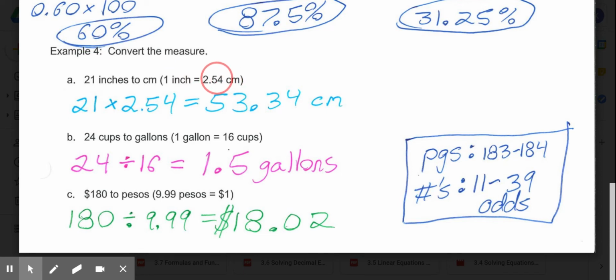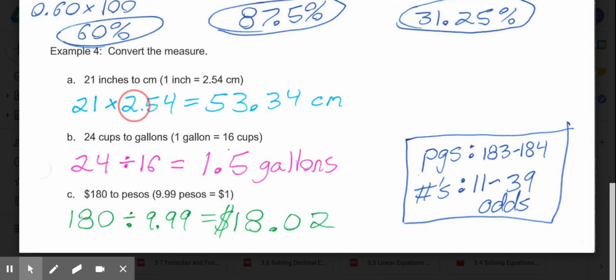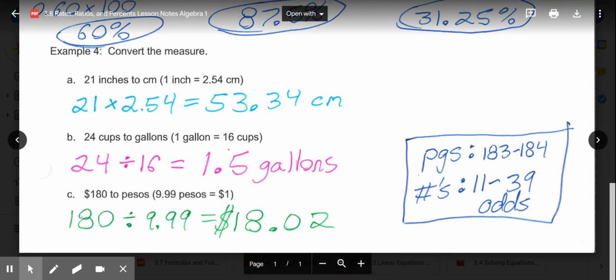So I should always have more centimeters than inches. So I know I'm going to take my 21 inches and multiply it by the conversion of 2.54 to give me 53.34 centimeters.